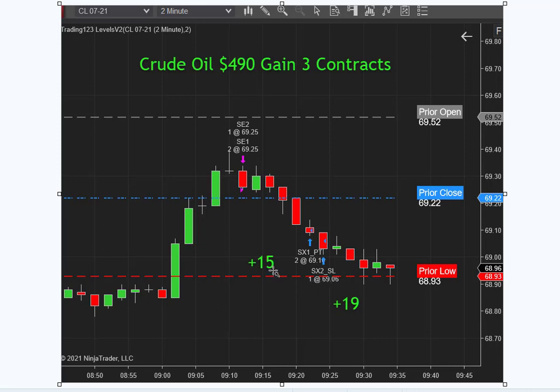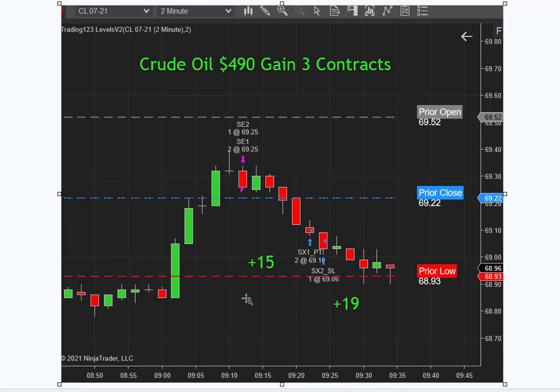So the first trade netted 15 ticks on 2 contracts, which is $300. The second trade, 19 ticks on 1 contract, $190. And so altogether, $490 minus commission, about $470 or so. So a very good trade and a nice setup.